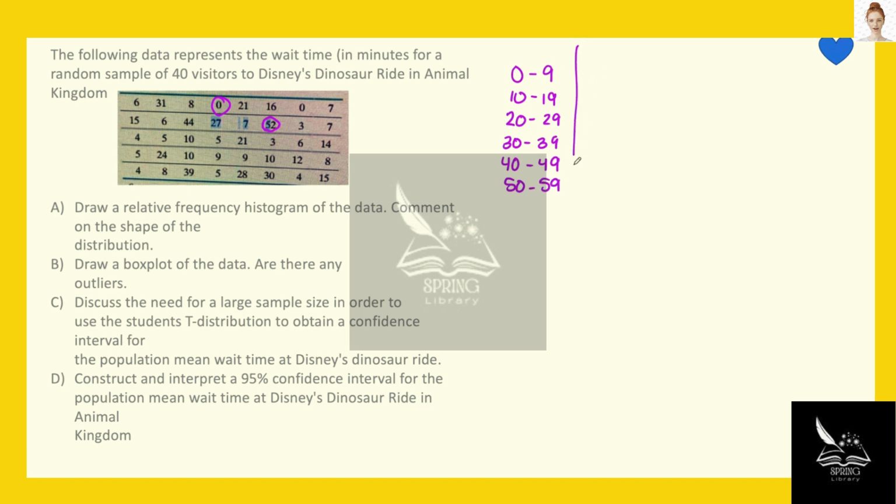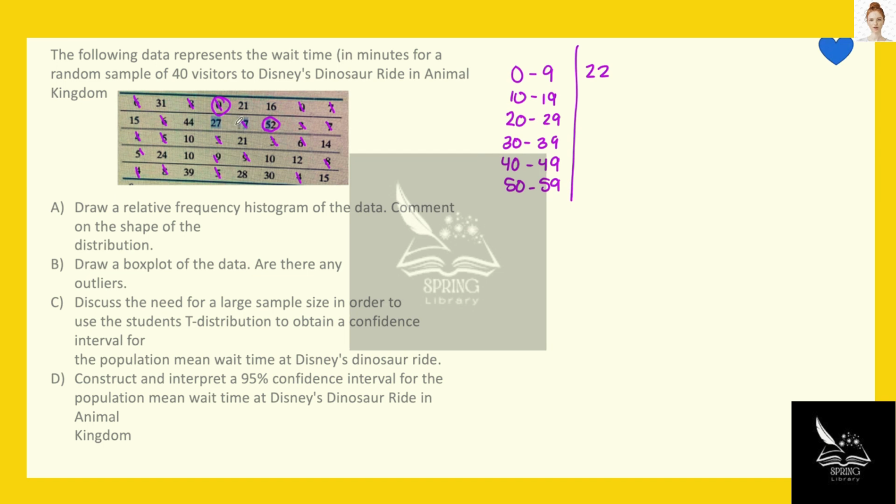For my frequency from 0 to 9, there's 1, 2, 3, and so on up to 22. So that's 22 between 0 and 9.